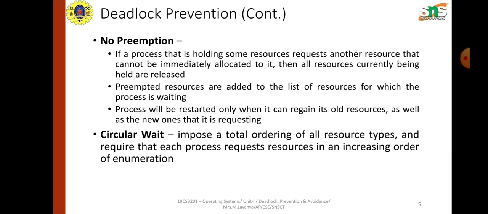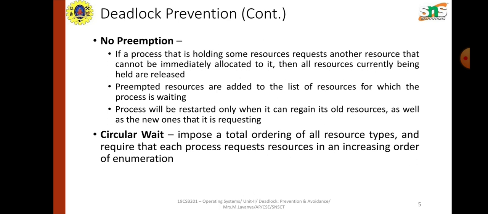From the list, a process requesting that released resource can utilize it. Further, the process will be restarted only when it regains all its old resources as well as the newly requested resources. In this situation, the wastage of time and resources stagnating on a single process will be avoided.